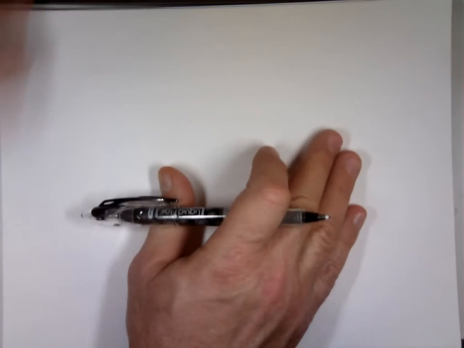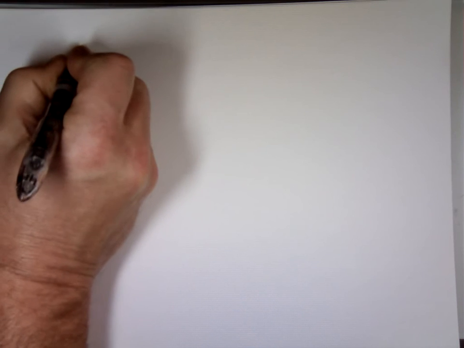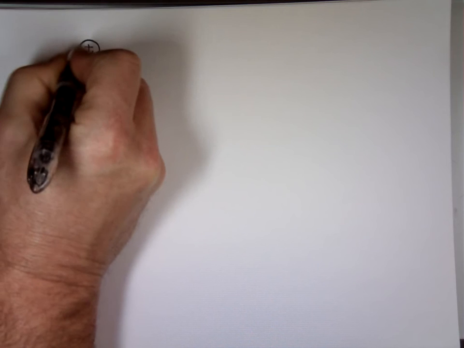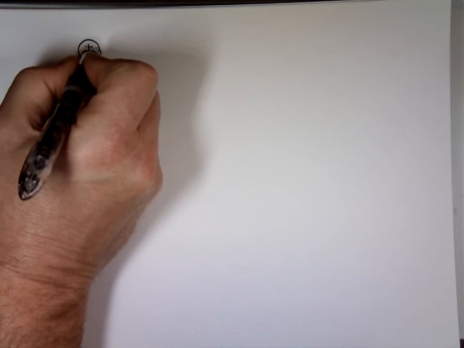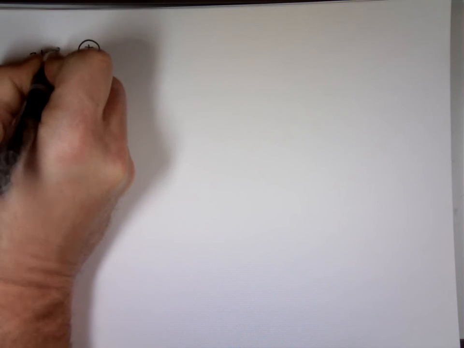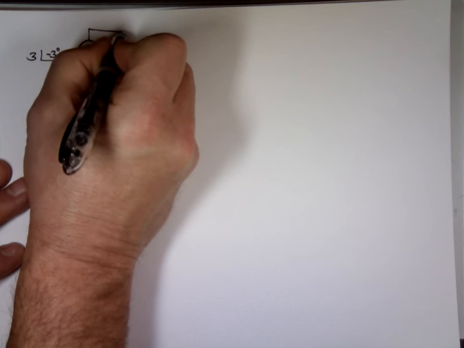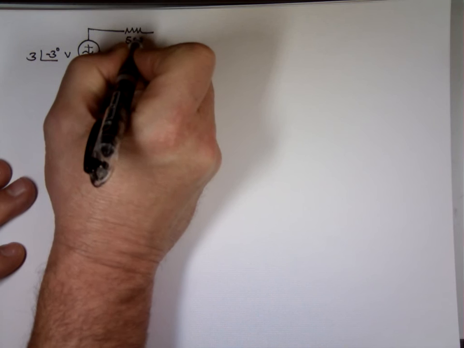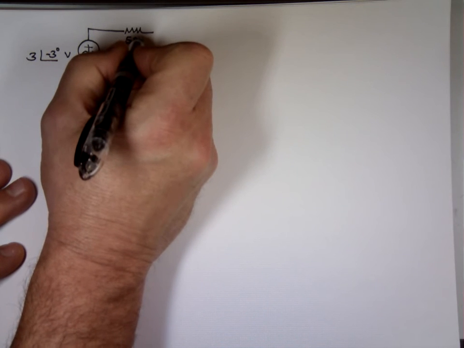So let's take an example here, Nick. We'll put some numbers in it. If I have this problem, this would be a quick one, doesn't take that long. It's an AC source, obviously, with the value of 3 angle negative 3 degrees. That's the voltage here, going through a resistor of 500 ohms and an inductor of j3, if I'm seeing that correctly.